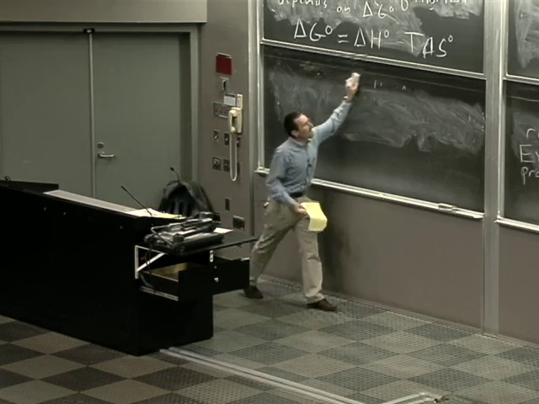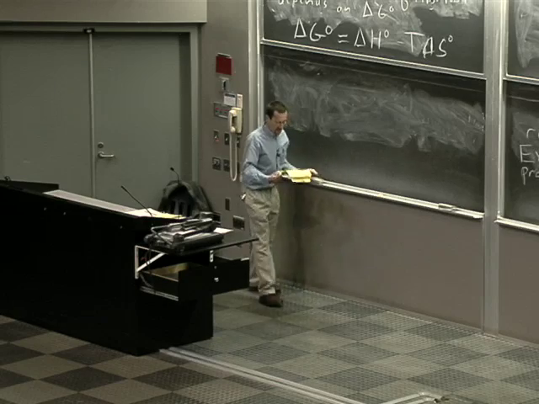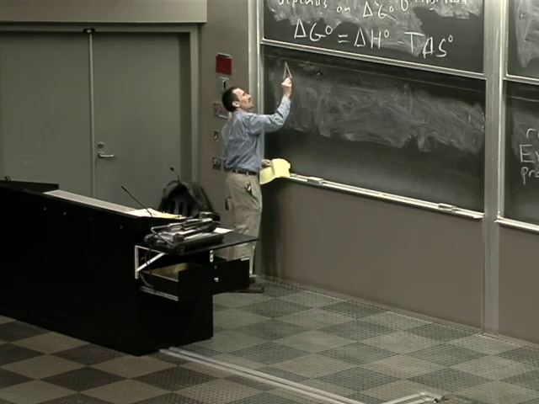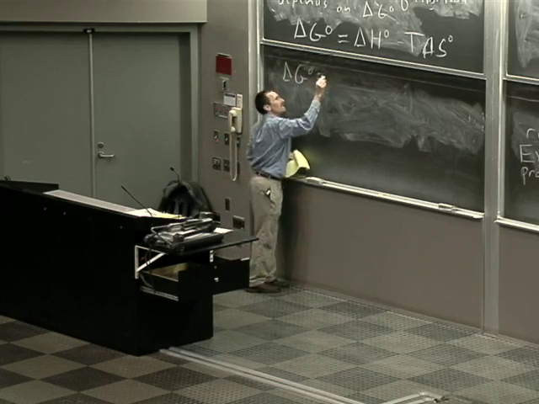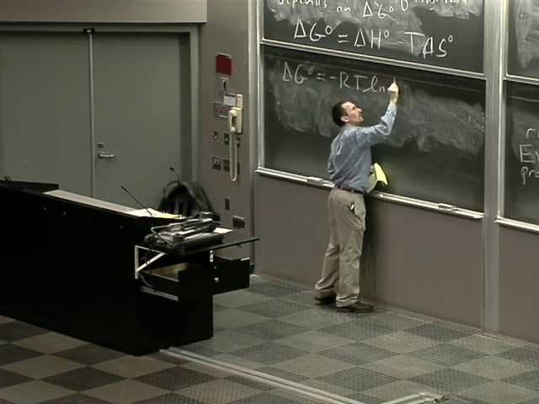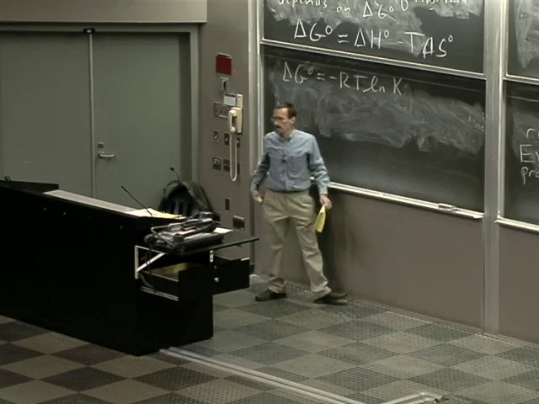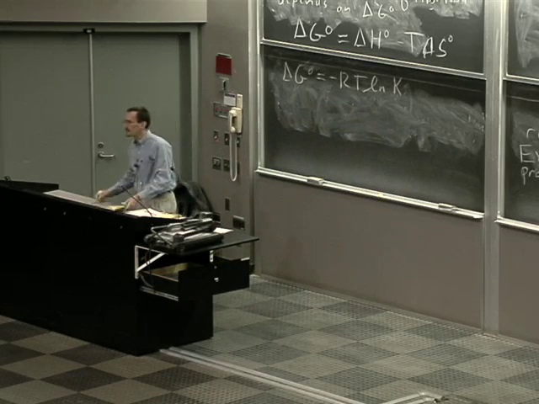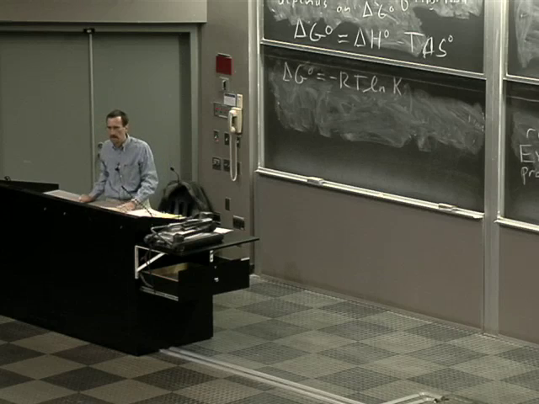The other equation that one should know in organic chemistry is delta G equals negative RT natural log of K, where K is the equilibrium constant. Because as I said, the real question on every reaction is, you could at least nominally think of it as an equilibrium.